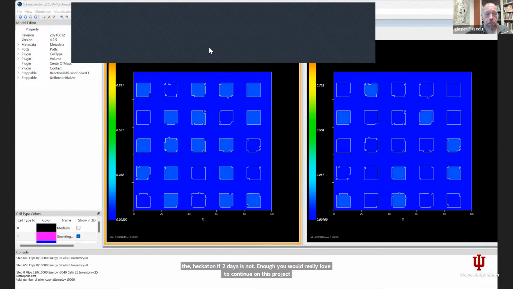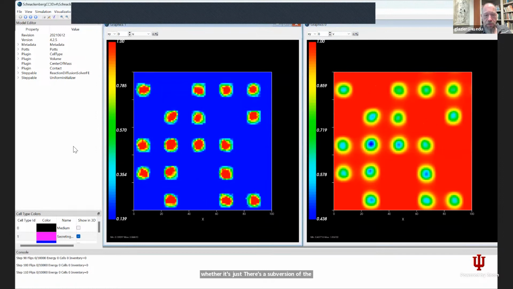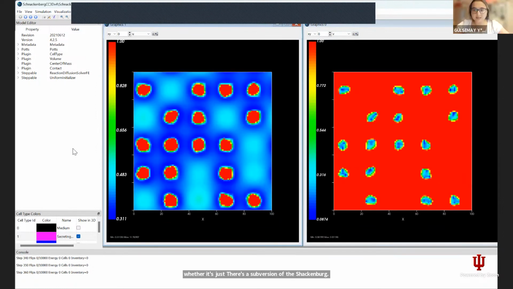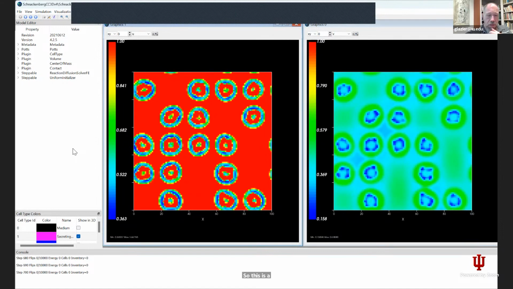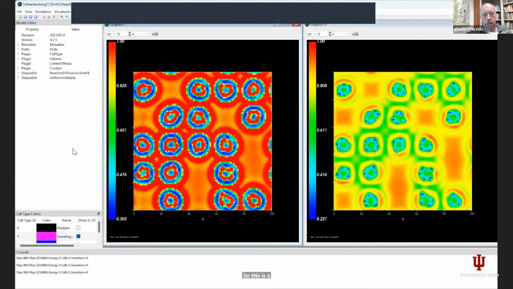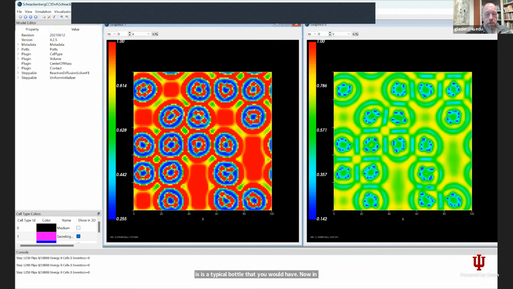In other words, if what you're trying to do is run a reaction diffusion model here, for example, I don't remember if this was actually published with CompuCell or whether it's just a subversion of the Schnackenberg. I know this is the one I've got. Exactly, so this is a typical model that you would have. Now, in reality, in biology, you almost never have reaction diffusion.